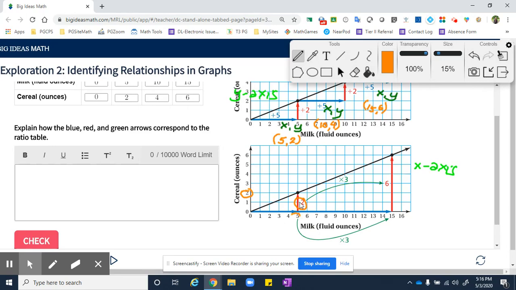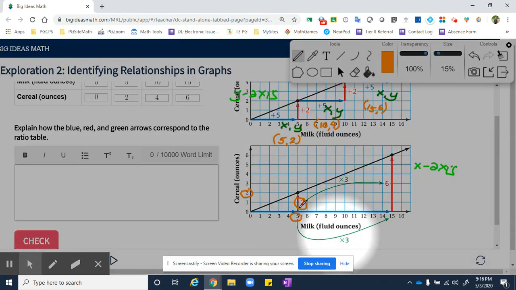Now for the 5 for our milk, if you multiply 5 by 3, you get 15. Just like our table up here. So just like our arrows right up here, 5 times 3 is 15 and 2 times 3 is 6. So these green arrows represent a factor, right?